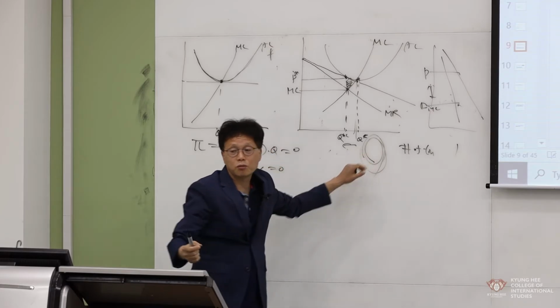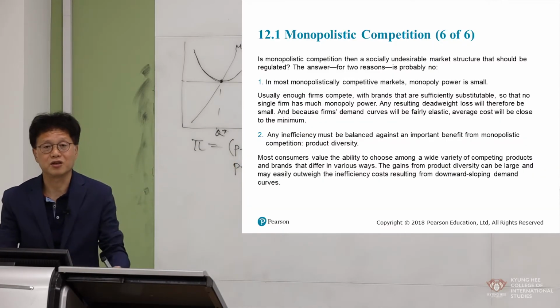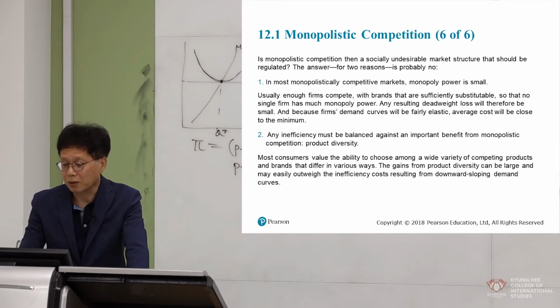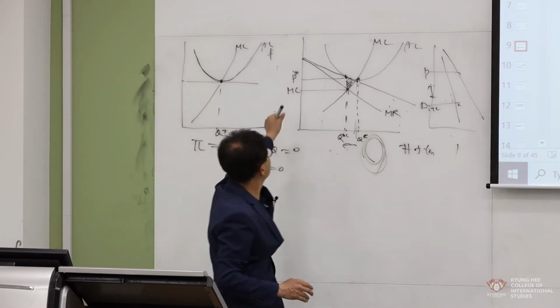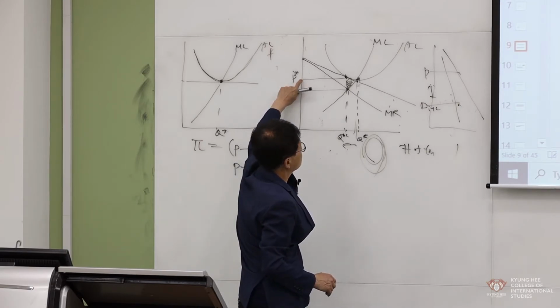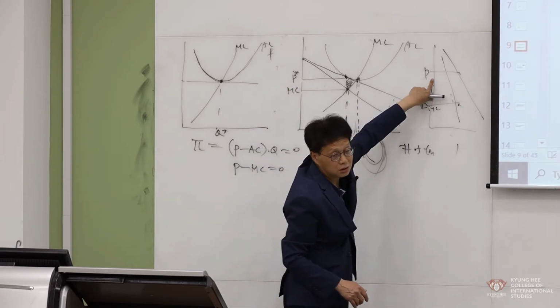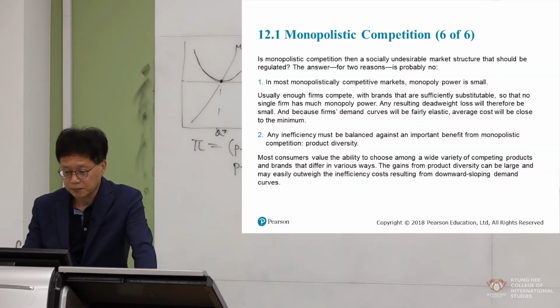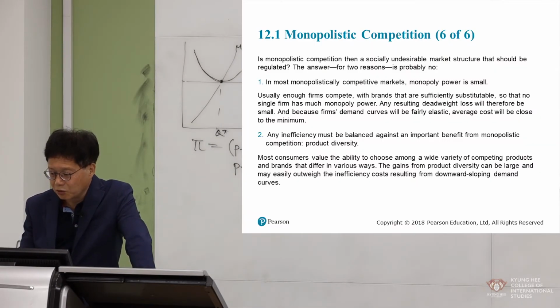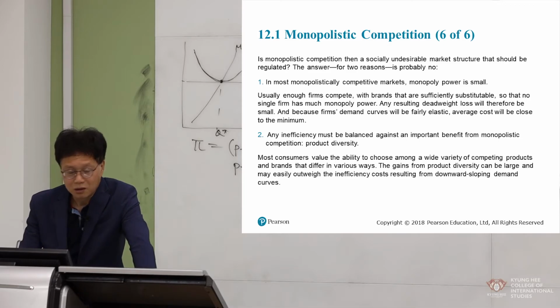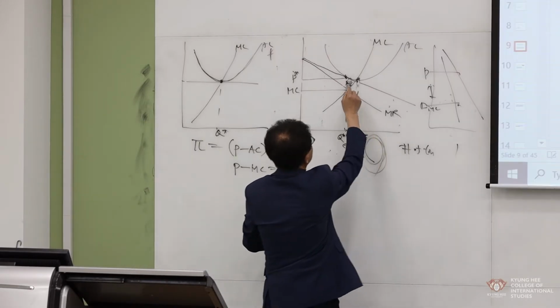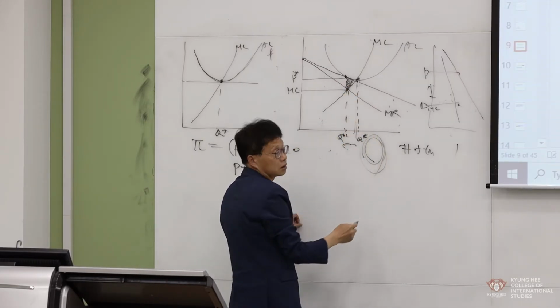In the monopoly case there is only one, but here a large number of firms exist, providing a differentiated product with little monopoly power, right? So monopoly power is different. Small price-marginal cost markup versus large price-marginal cost markup. Okay? Any resulting deadweight loss will therefore be small. So the deadweight loss is very small, just this one, right?